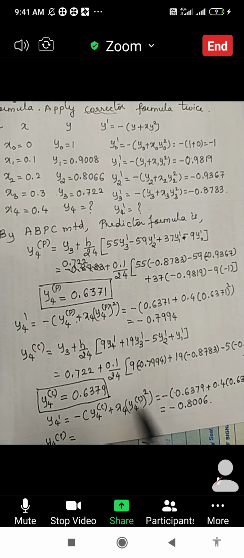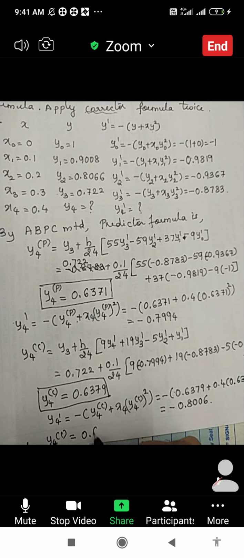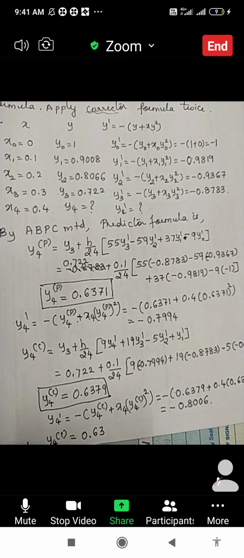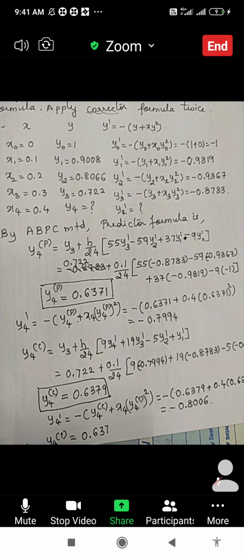Correct? Only this is changing. And tell me the value. It will again be nearer to 0.63. Most probably 7 may also be the same. The fourth digit may change. Round it off and tell me the answer.